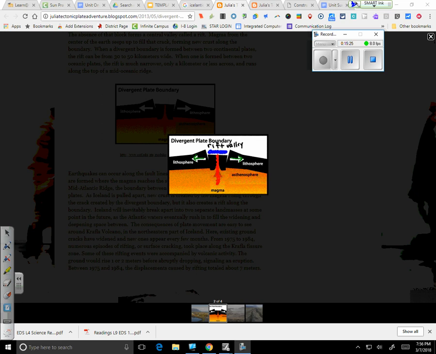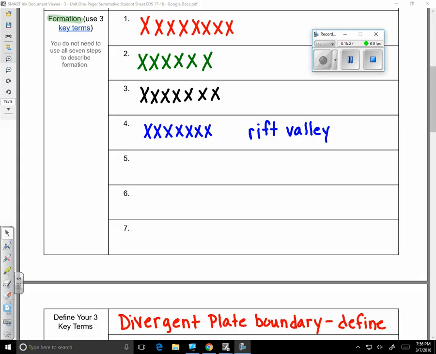So right here, in a complete sentence of your own words, you need to do the 5th step of the formation of this fault, which is basically that the Rift Valley is filled up with water from glaciers that have melted.